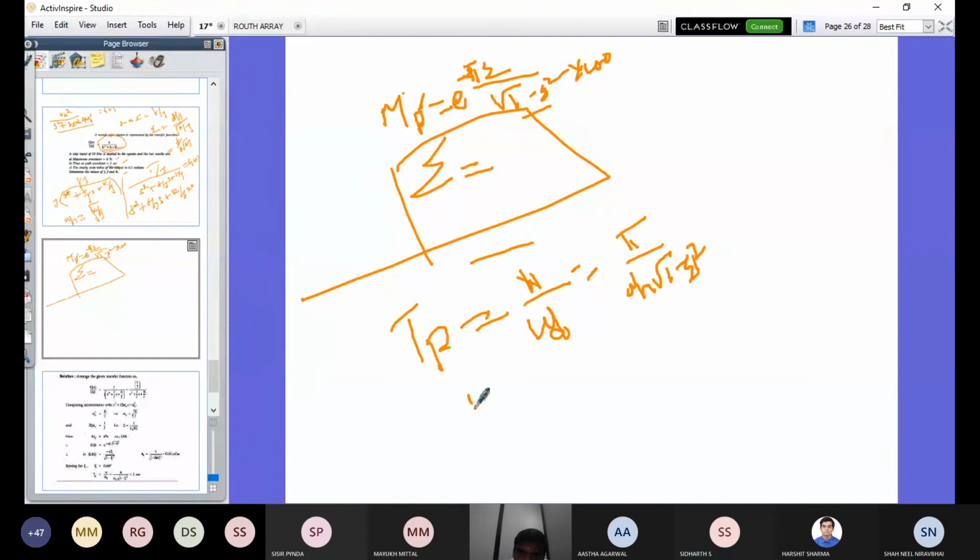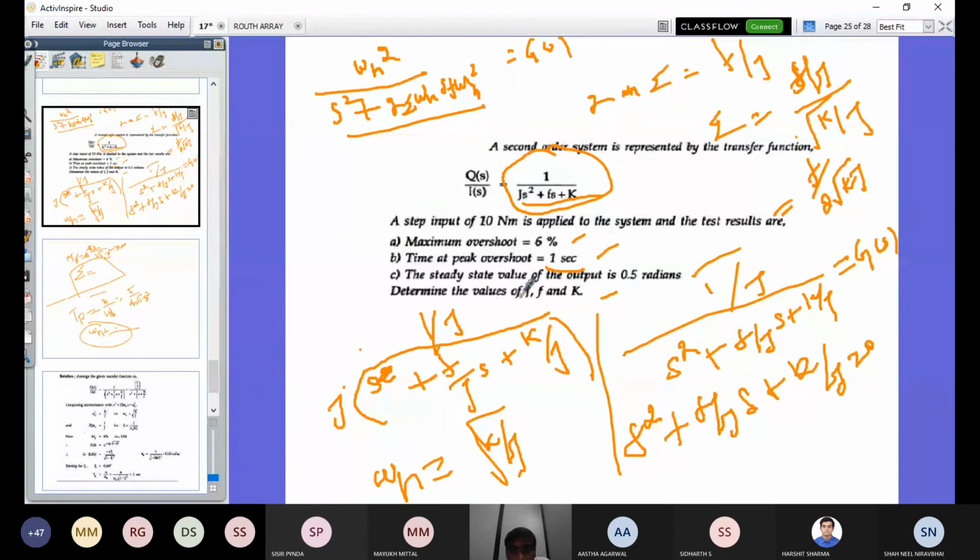From this you will get omega n. Any doubt in that? So the second parameter gives omega n. What about the third one?